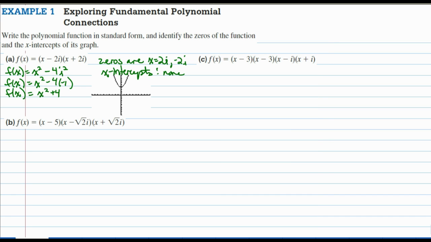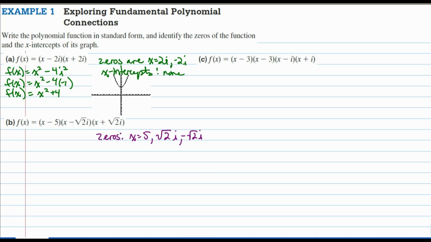Now exercise B. Again, I'm going to start by identifying the zeros of the function. So that includes real and imaginary because it doesn't specify. So my zeros are x equals 5 or 5 comma 0. Then let's see, if this is x minus square root 2i, positive square root 2i, and then negative square root 2i are all zeros.